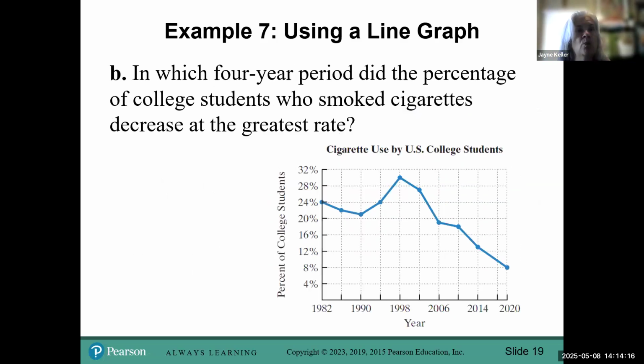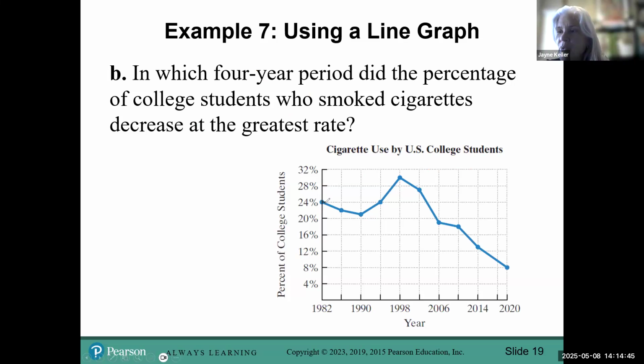Oh, what else do we have? In what 4-year period did the percentage decrease at the greatest rate? Oh, this is an interesting question. A decrease from one year to the next would be represented by the graph going down to the right.